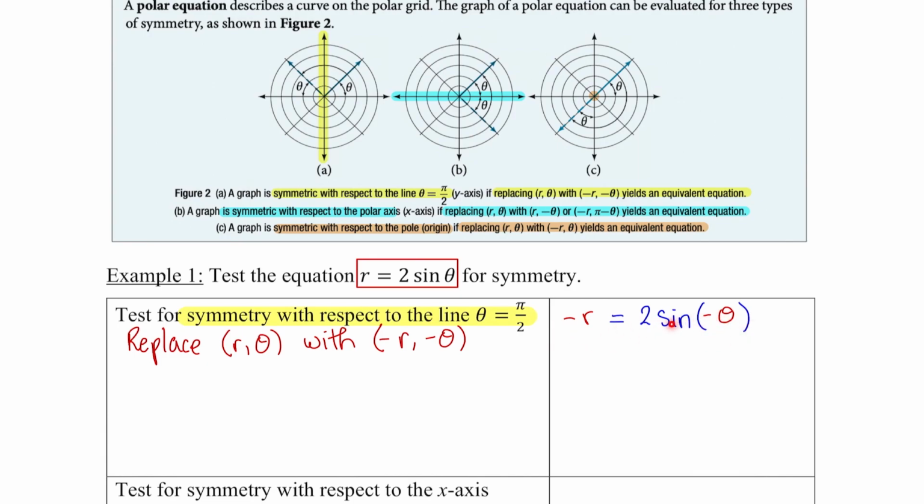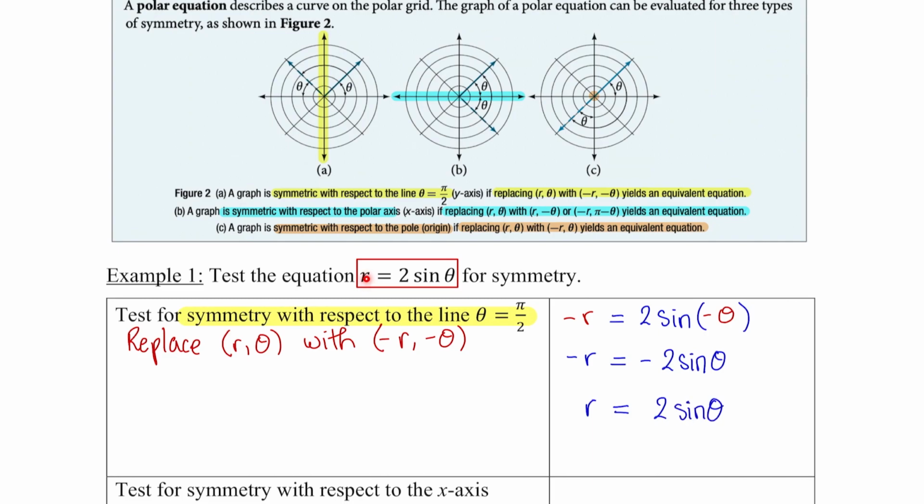Sine of negative theta is negative sine of theta because sine is an odd function. So I have negative r equals negative 2 sine of theta. At this point, I will divide both sides by negative 1, and I get r equals 2 sine of theta.